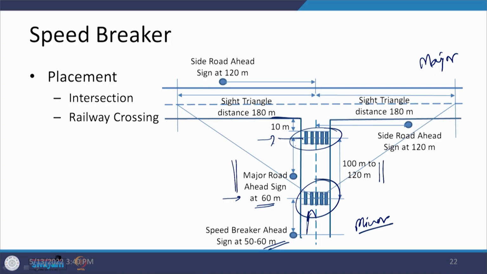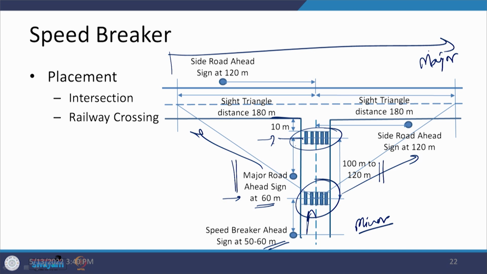Now, this is one arrangement we are talking about, but at the same time, when you are at this location as a driver coming from this direction, we need to ensure how much area is visible to you. This much area needs to be visible, and that is defined by the center line of the minor road. With respect to that center line, we take a distance of 180 meters in this direction and 180 meters in that direction.